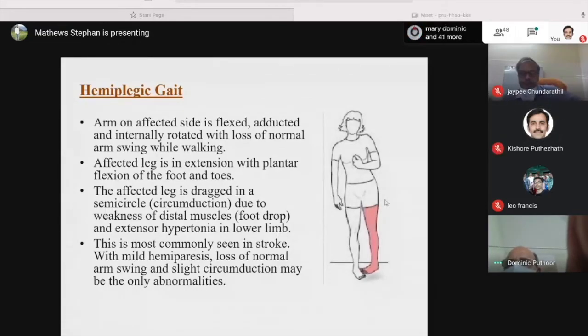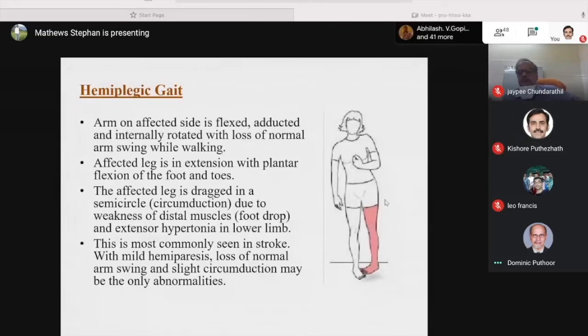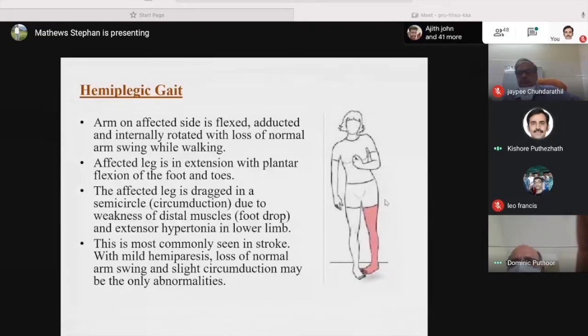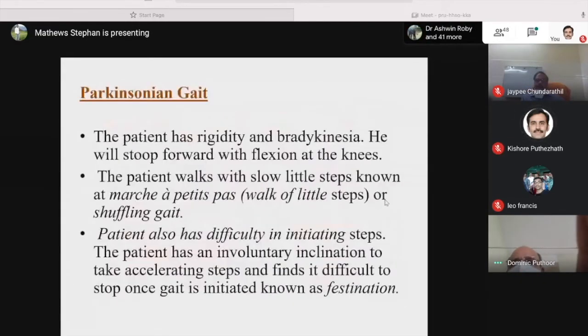Basically, we should know the definition of gait and should be able to tell, when the patient is walking, a few important gaits. You should be able to recognize them. One most important one is antalgic gait. It is very easy to diagnose. The examiner will ask you, why are you telling that it is an antalgic gait?